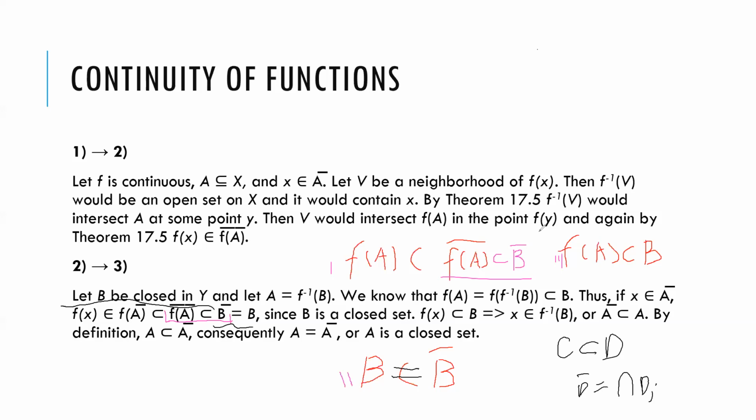And C bar is equal to the intersection of Ci, where Ci is closed and Ci contains C, right? So some Dj must be this Ci, because it also contains C and it's also closed.